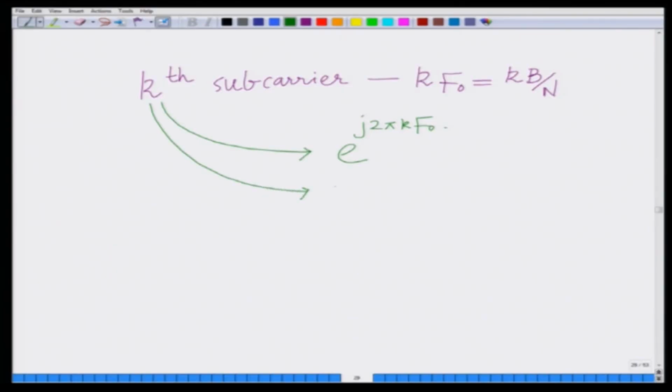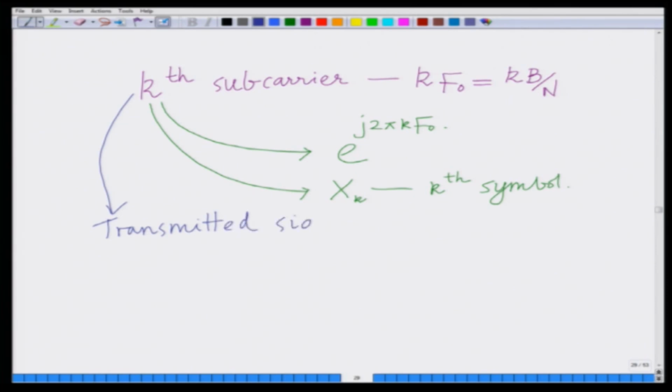And let the kth symbol be denoted by X of k. Then the transmitted signal is s k of t, which is equal to X of k e to the power of j 2 pi k F naught times t.